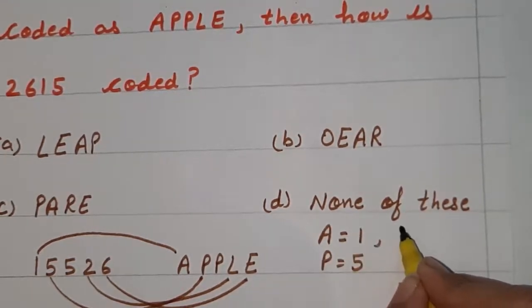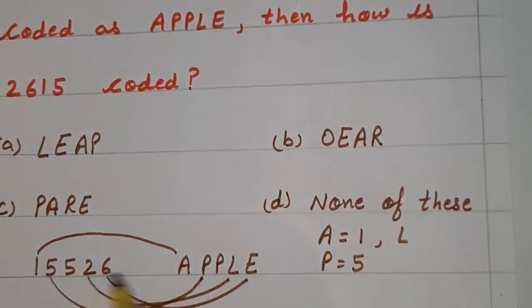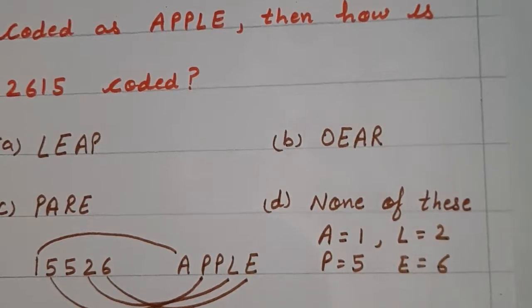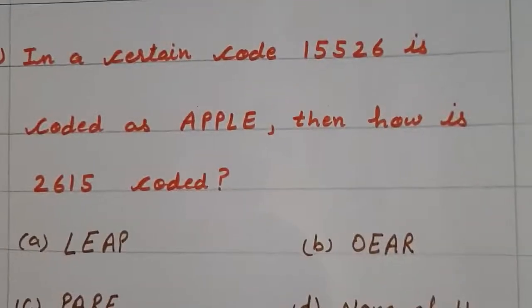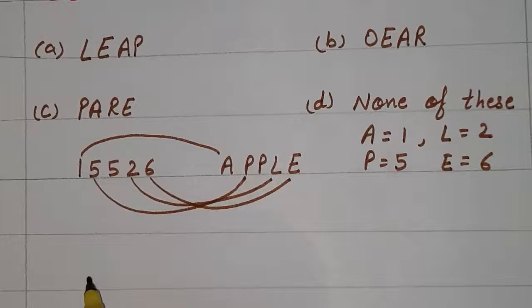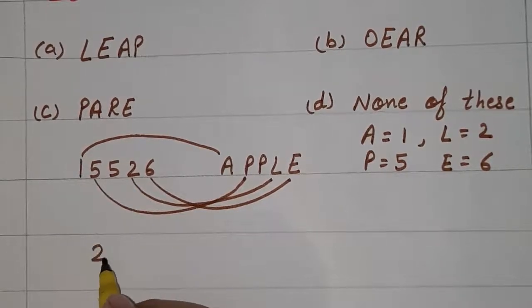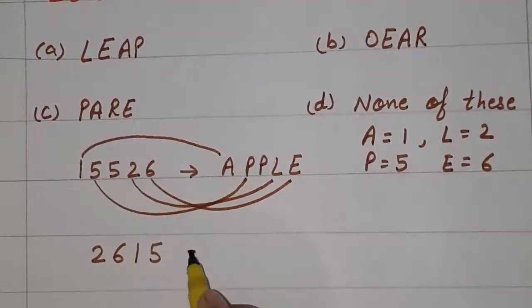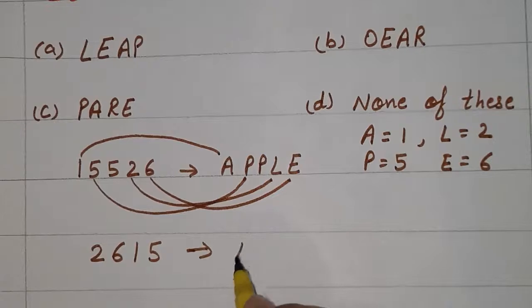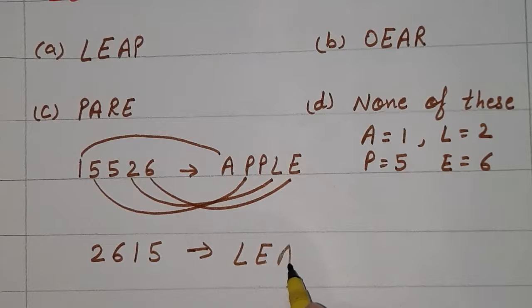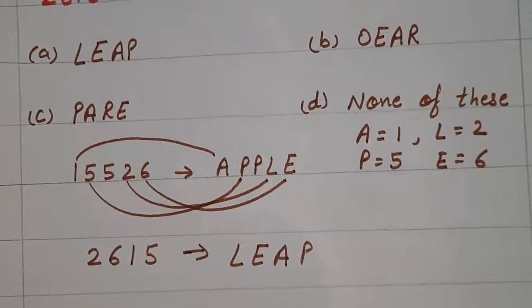L is 2. And E is 6. Now we have to write down the code for 2615. 2 is L, 6 is E, 1 is A, 5 is P. LEAP.